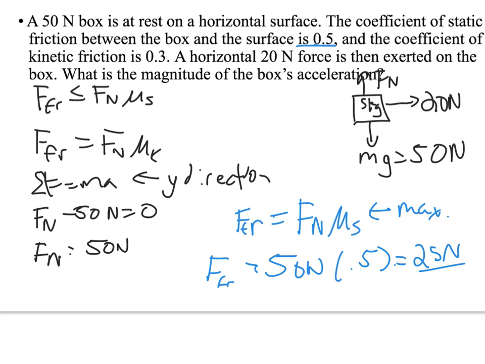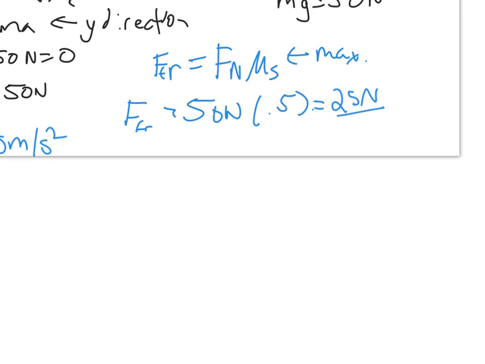And this 25 newtons is greater than the 20 newtons that I'm applying to the box, which means that my acceleration is going to be 0 meters per second squared. My box is not going to move. The force of static friction that can be applied matches up with the force that I'm actually applying. So the question then becomes, is the force of friction actually 25 newtons or is it some other number? It's actually going to be less than that 25 newtons.